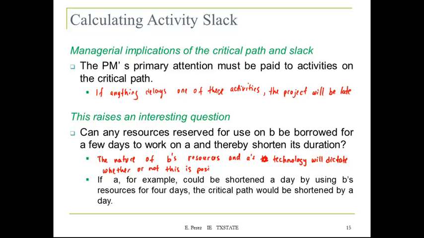So the answer is it will depend on the task, but that's something that you can consider.